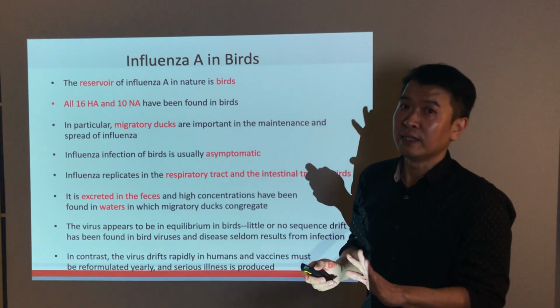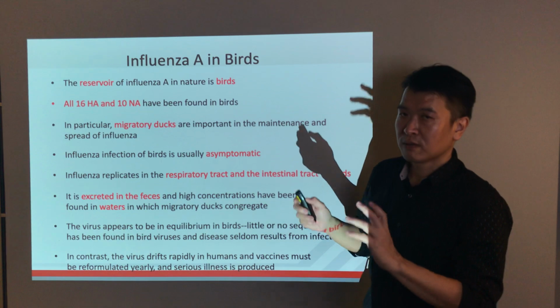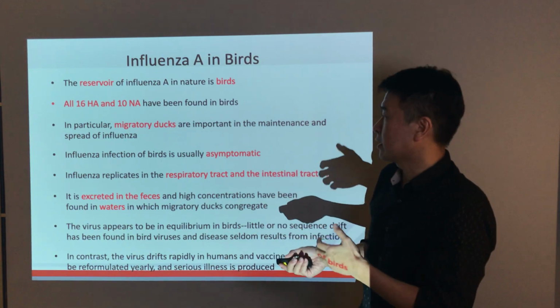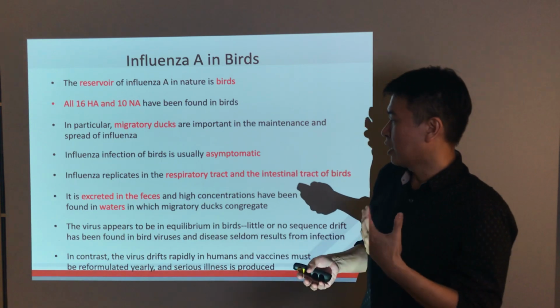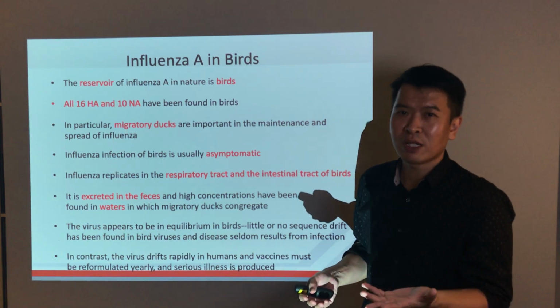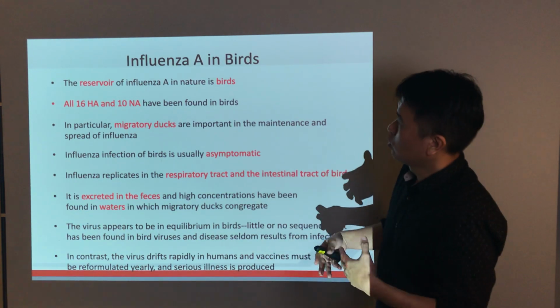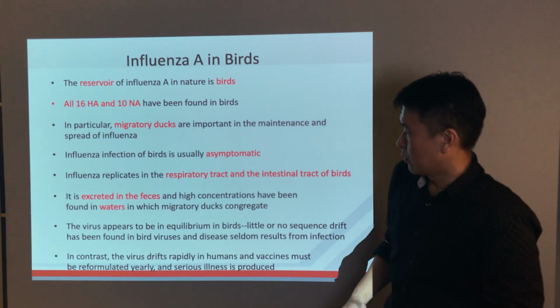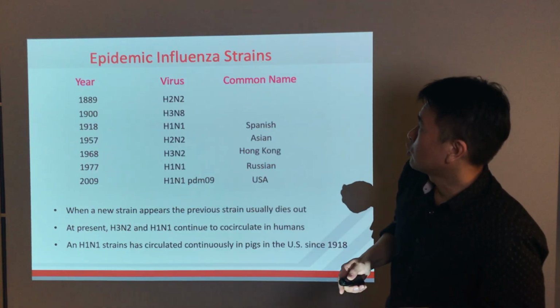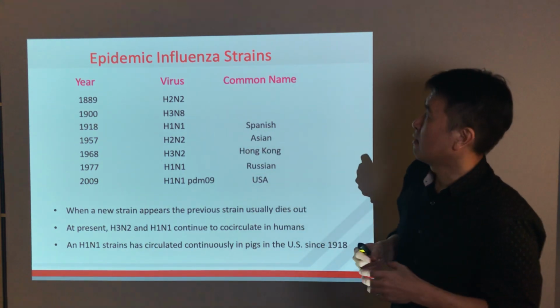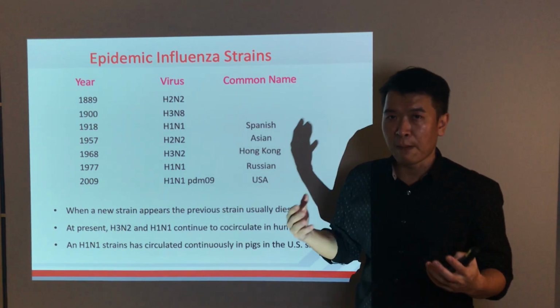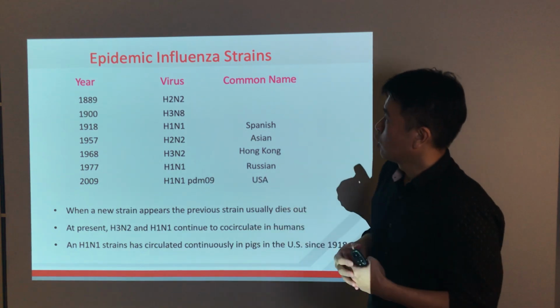Luckily, the viruses that cause pandemics are very limited, and they are normally H1, H2, H3, and N1, N2, and so on. I would like to show you the history of the influenza viruses that caused epidemics or pandemics worldwide.